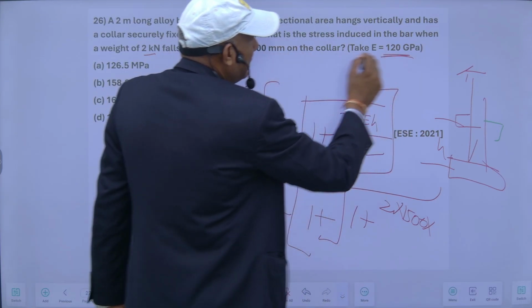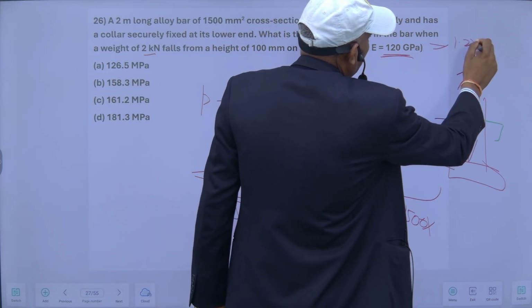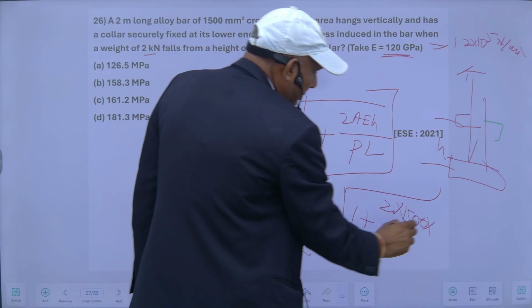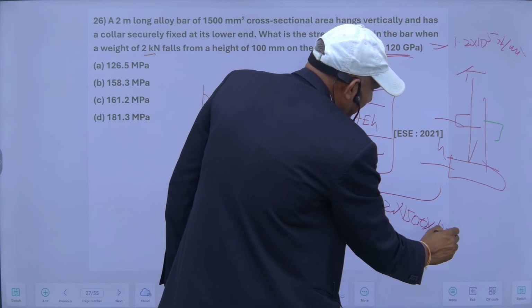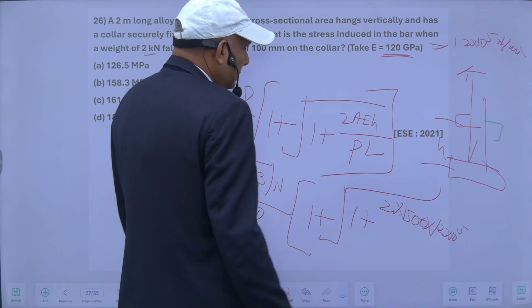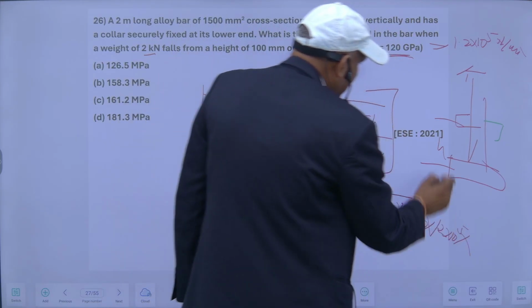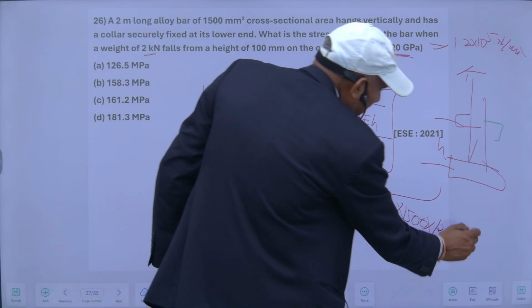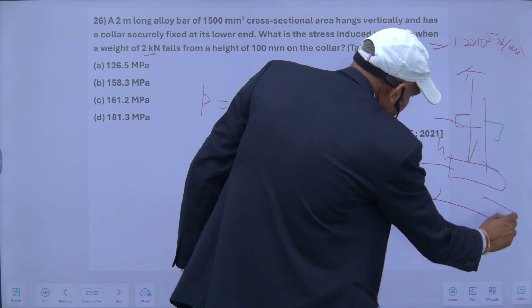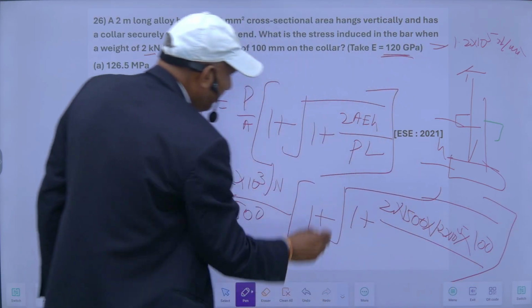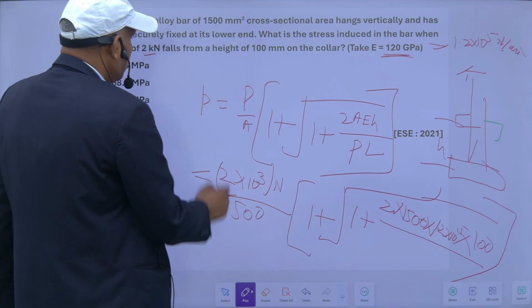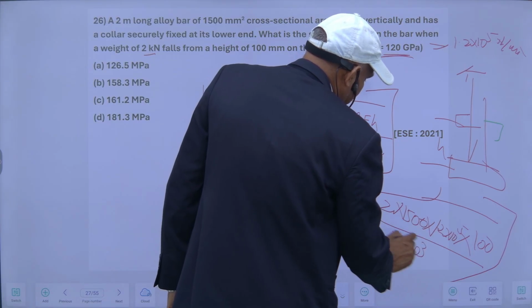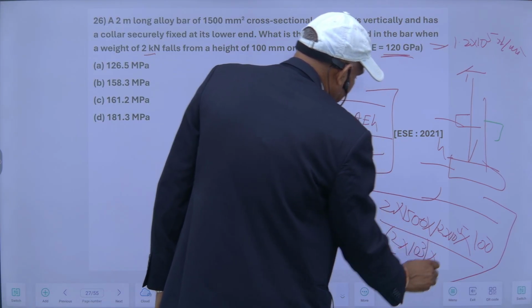Young modulus of elasticity is 120 gigapascal, which means 1.2 into 10 raised to the power 5 Newton per mm square. So this will be 1.2 into 10 raised to the power 5 E into H. Height of free fall, this H is 100 mm, divided by P and L. So P is again 2 kilonewton, this much Newton, into length.